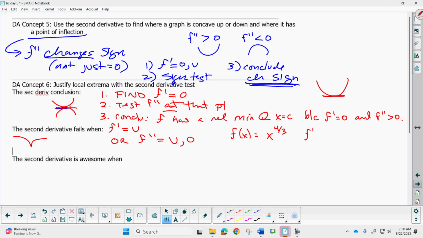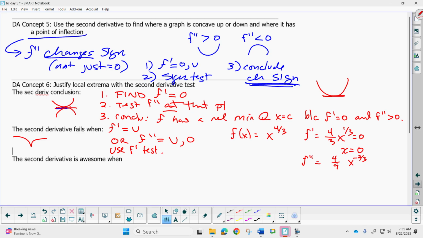The derivative is 4/3 x to the 1/3. You get a critical number at x equals 0, which is in the domain. F double prime is, what do we got there? 4/9 x to the negative 2/3. That doesn't have a sign at 0, so the test would fail. What do you do then? You'd have to use the first derivative test.